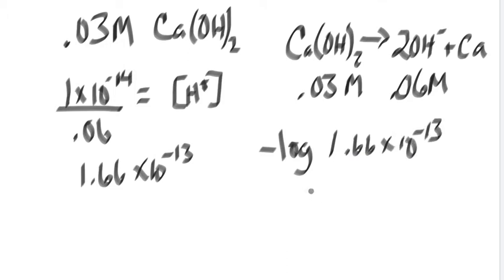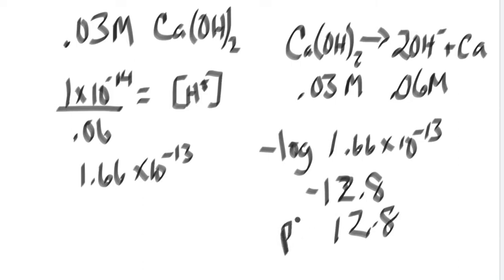I punch that into the calculator, I get a negative 12.8. So a negative of a negative is 12.8 is the pH. So the pH of that solution of 0.03 molar calcium hydroxide is 12.8.